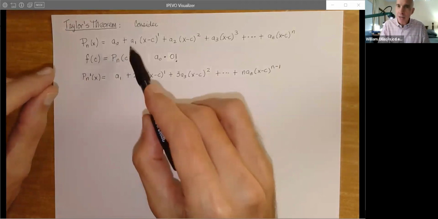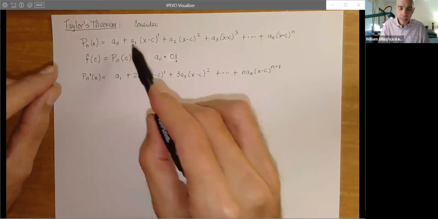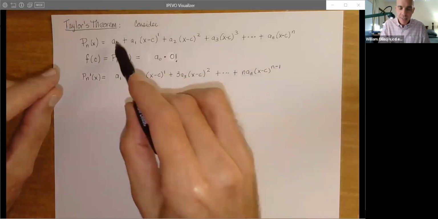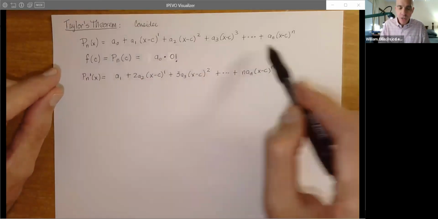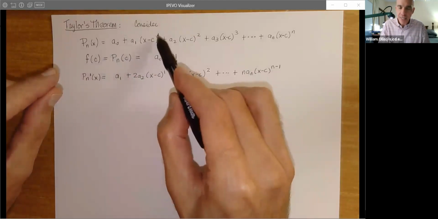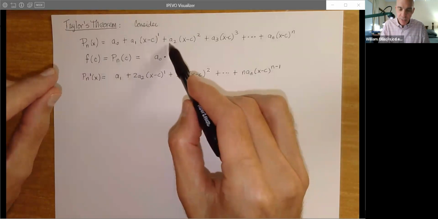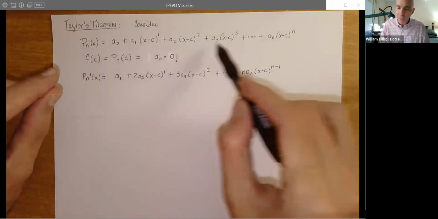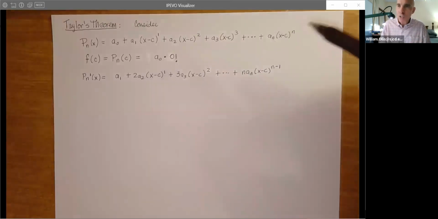So if we think about a polynomial of degree n with just the standard coefficients from pre-calculus, this is what it would look like. We would have a constant term and then a1 times x minus c to the first power plus a2 times x minus c to the second power. So this would be a polynomial with expansion point c, or centered at c.